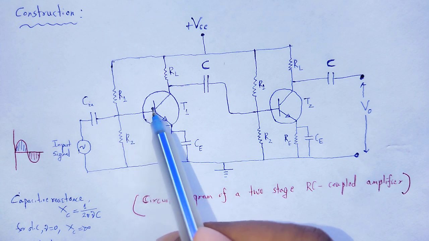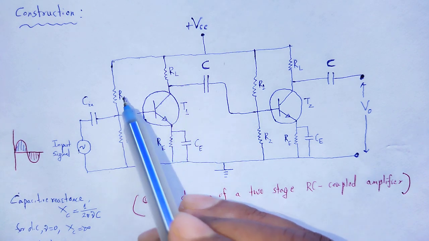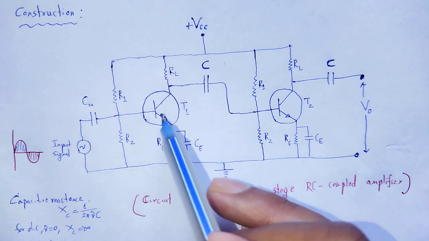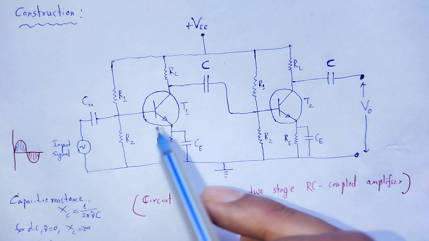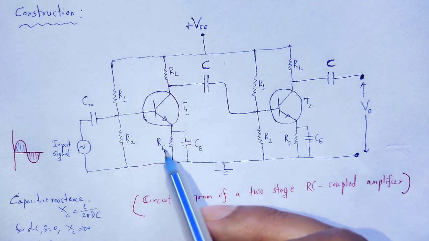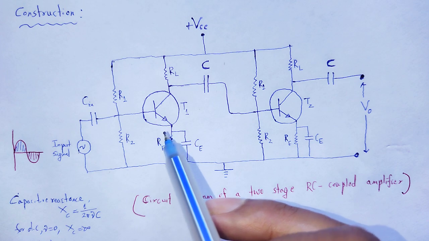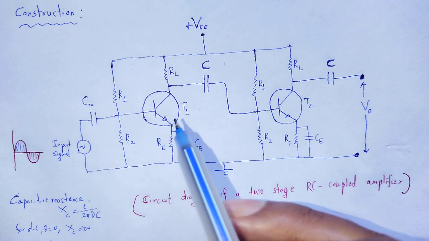Now that signal goes to the base of transistor T1, where R1 and R2 are used to provide proper biasing to transistor T1, and RE is also used to stabilize, that is, to fix the Q point.